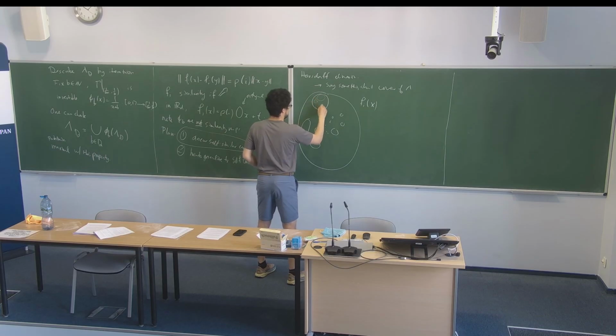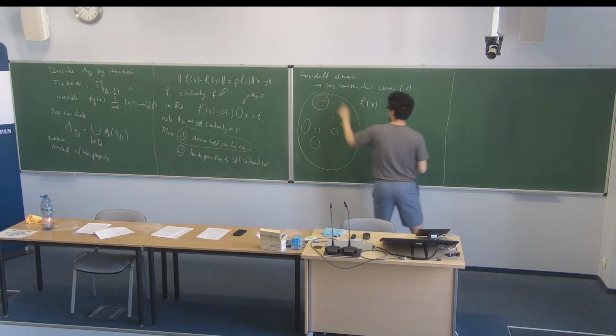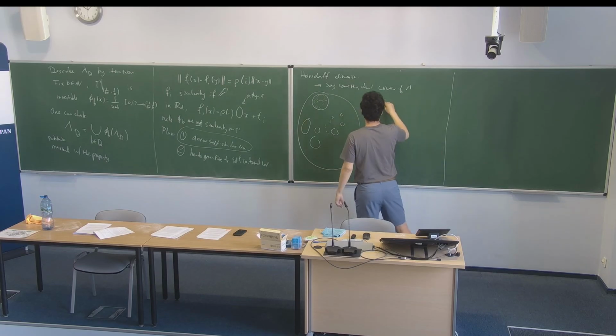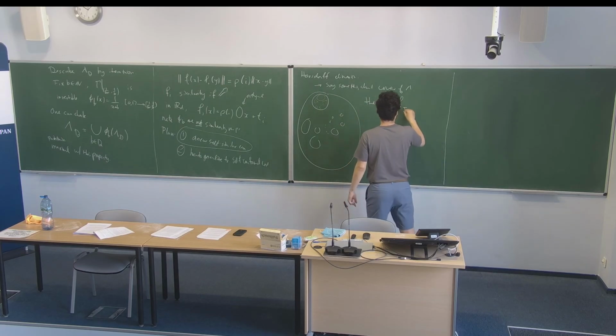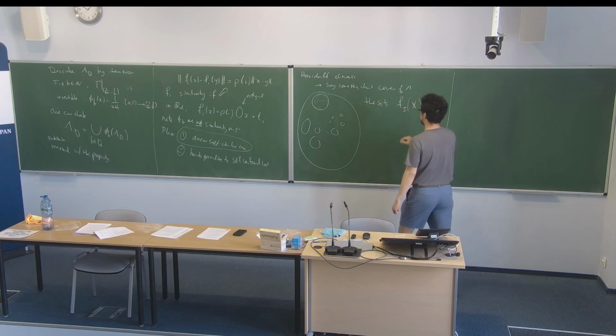The intervals look kind of the same. So if I look at these sets f_I of X, where I is now a finite word, they provide a natural cover.